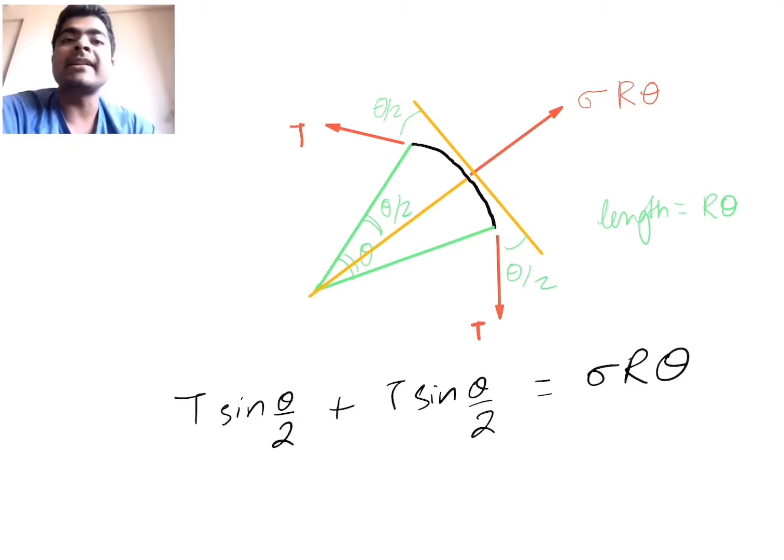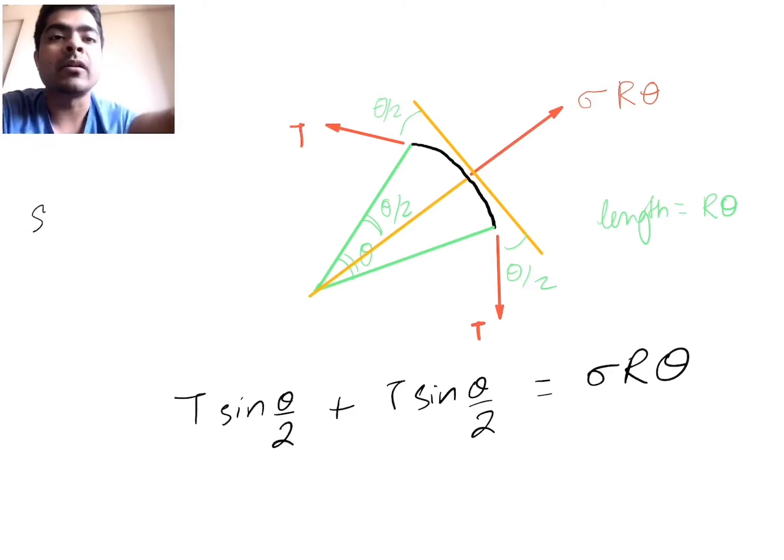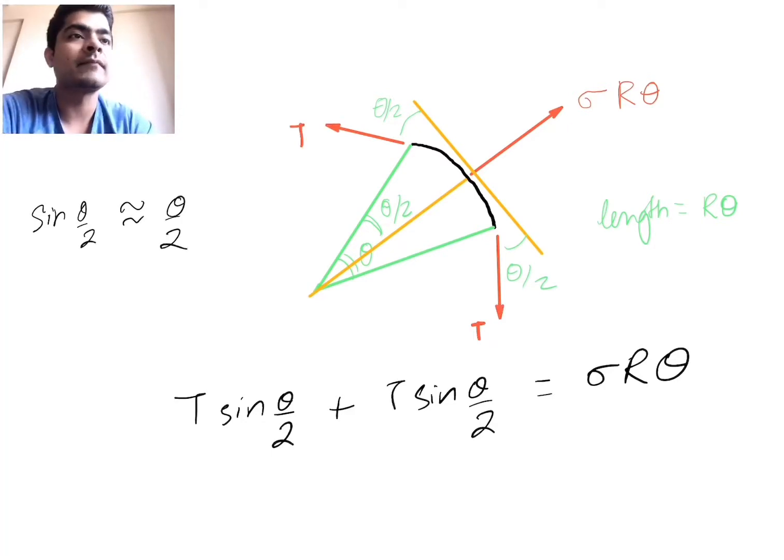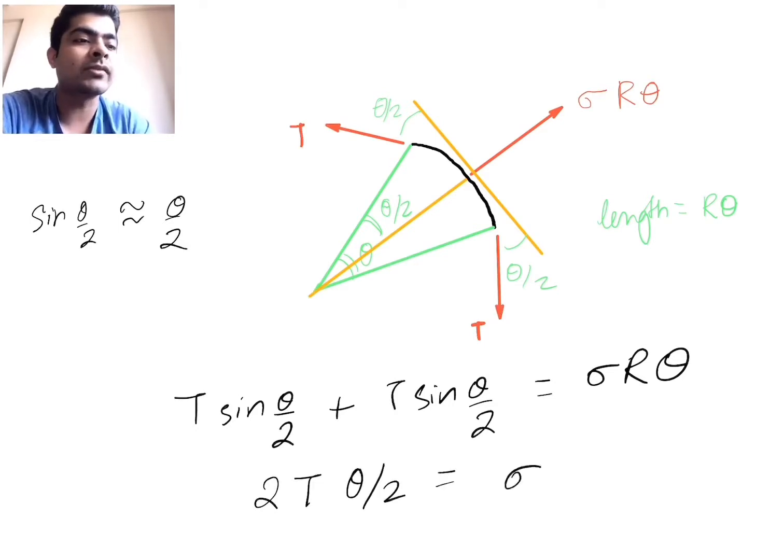And since the angle is very small, sin theta by 2 will be approximately equal to theta by 2. We use this approximation. So here 2 times T times theta by 2 is equal to sigma r theta.